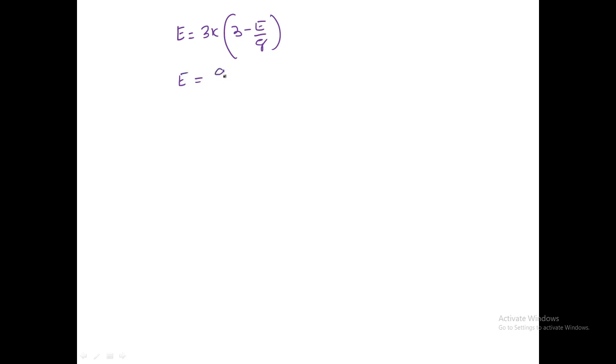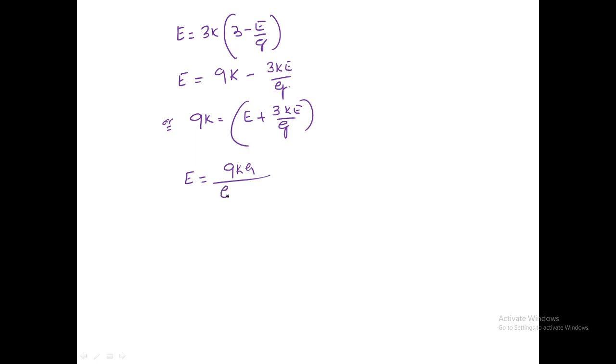E equal to 9K minus 3K E divided by G, or 9K equal to E plus 3K E divided by G. If you further simplify this, you will get E equal to 9KG divided by G plus 3K.